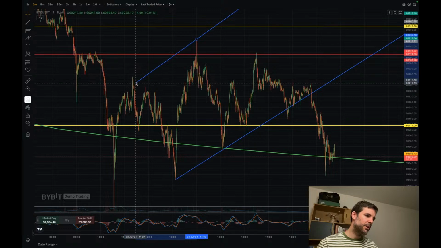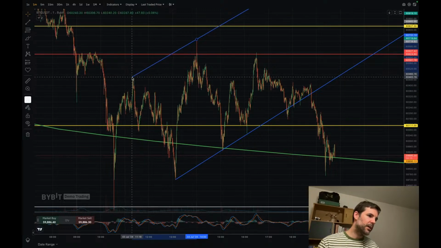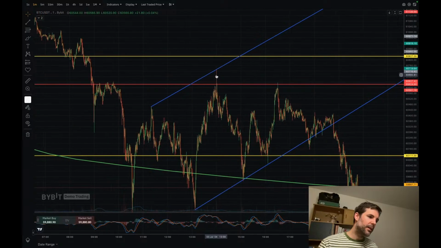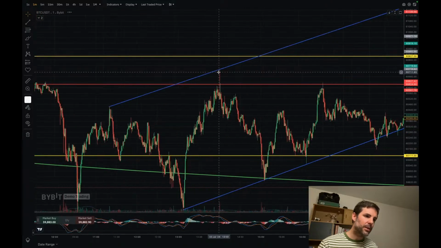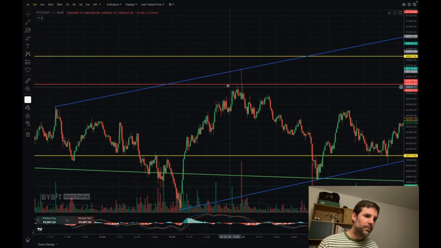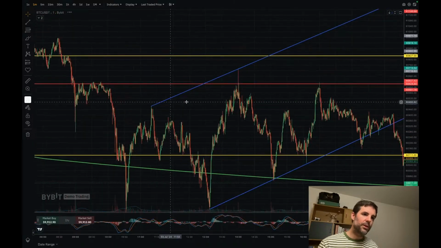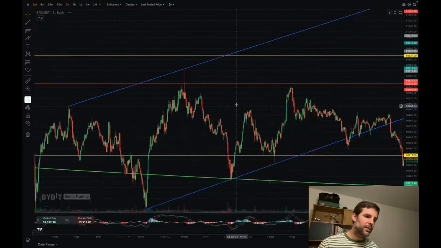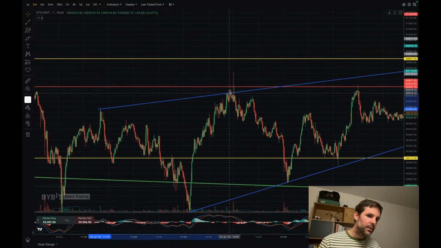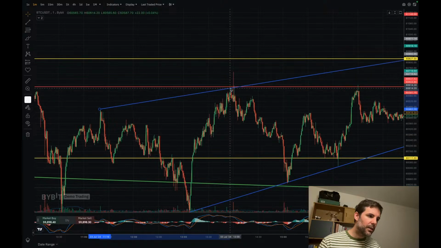Let's connect the higher high with the other higher high. I don't know why this is red. How can we have it red like that? Oh, okay, because in theory, this is not actually the level. This is the level.